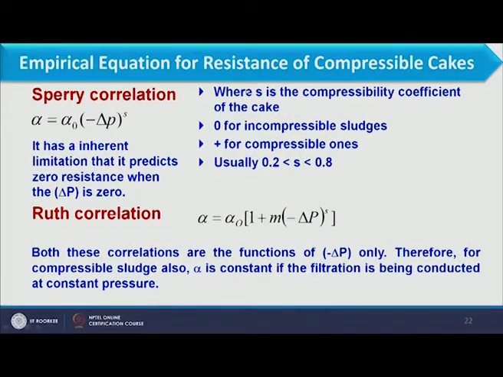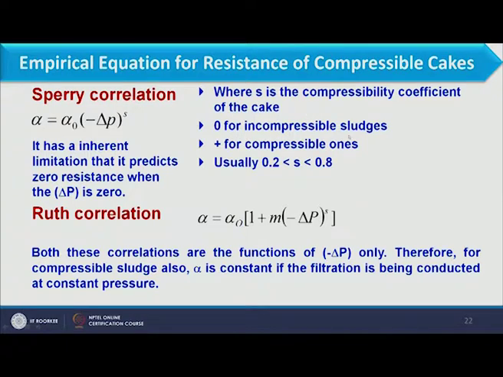Now here we will see the expressions which are proposed to calculate the specific cake resistance, that is alpha. The first expression is given by Sperry, and it was proposed that alpha is equal to alpha naught minus delta p to the power s, where alpha naught and s are empirical coefficients, and specifically s is defined as the compressibility coefficient of the cake.